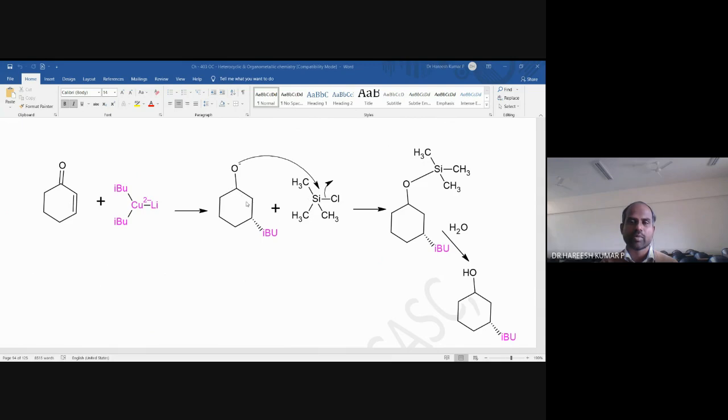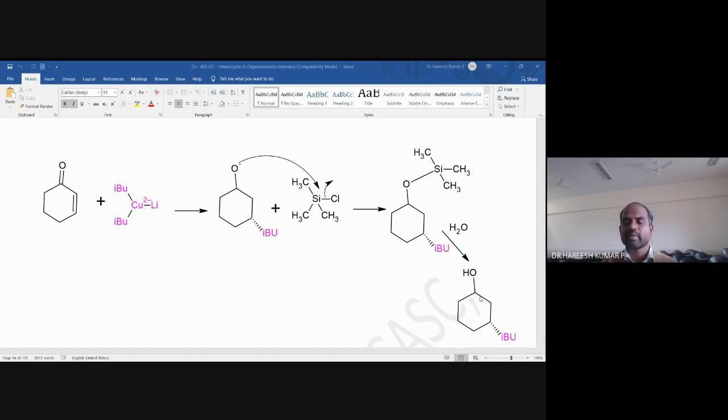there is one double bond that you need to remember. Here there is a double bond, because when this bond pair is attacking here, this bond pair is going over here. That means here there is a double bond, and here also there is a double bond. That means enol. Here also enol is obtained.